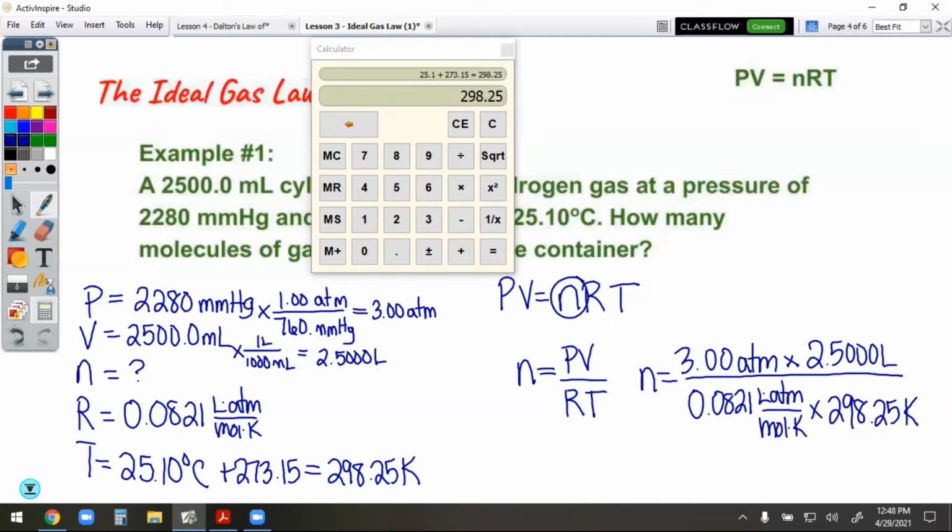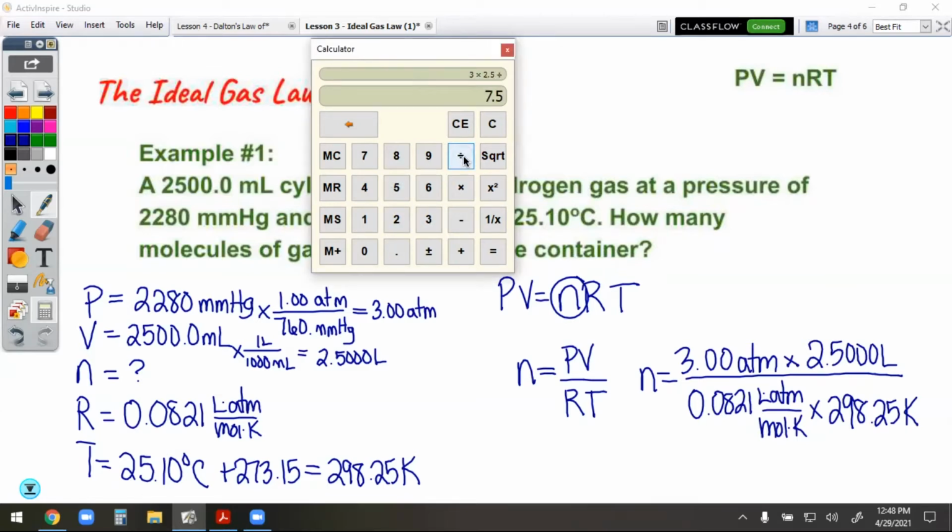Remember, when you are dividing, if you have two numbers on the bottom, you have to divide by both of them. You can do this either by enclosing them in parentheses, or if you're using a traditional calculator like I am here, hitting divided by before you enter each number. So on the top of my equation, I'm going to have 3 times 2.5.